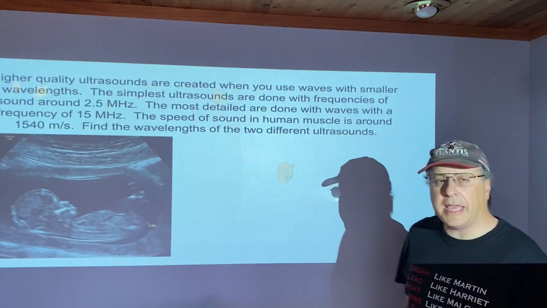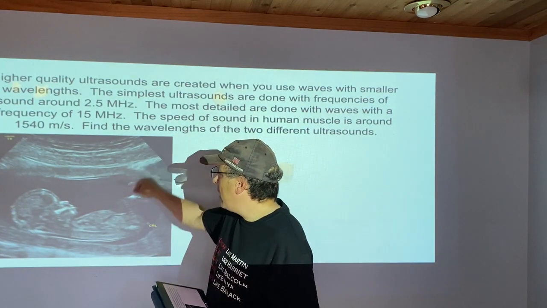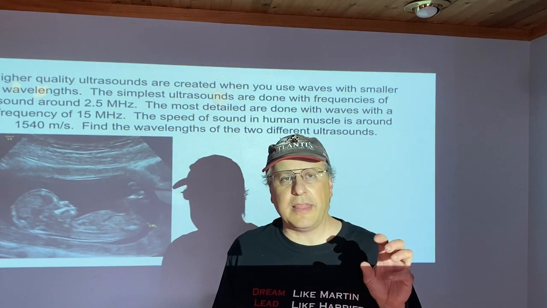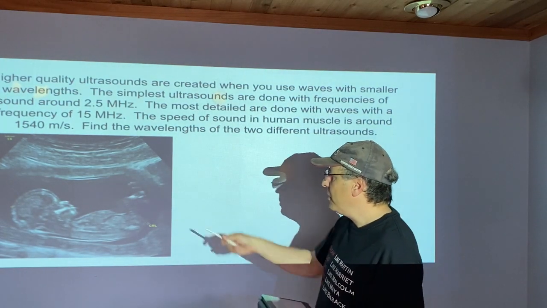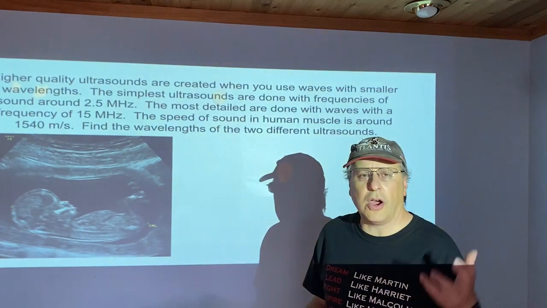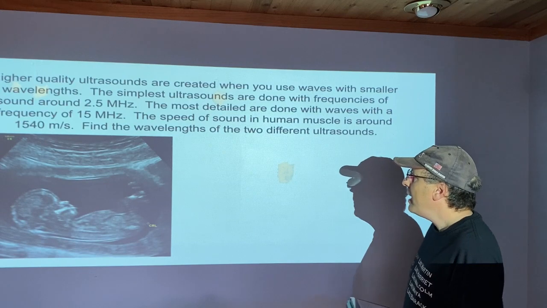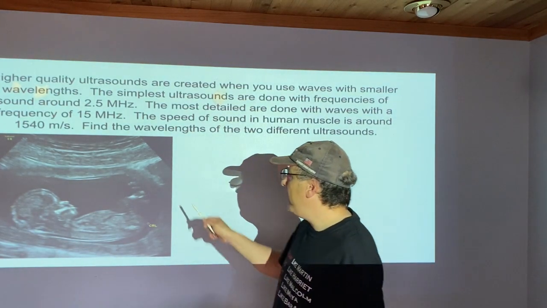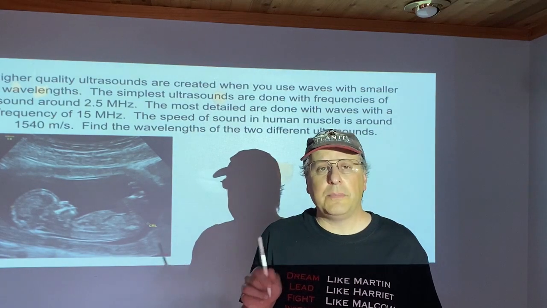Humans do the same thing, not to find prey, but we use sound waves to actually look at things inside the human body. These are called ultrasounds. You can look at a fetus developing inside a human body, you can look at the heart, you can look at kidneys, you can look at all kinds of internal organs. And I'd like you guys to find the wavelength of these ultrasound waves. Why is that important?